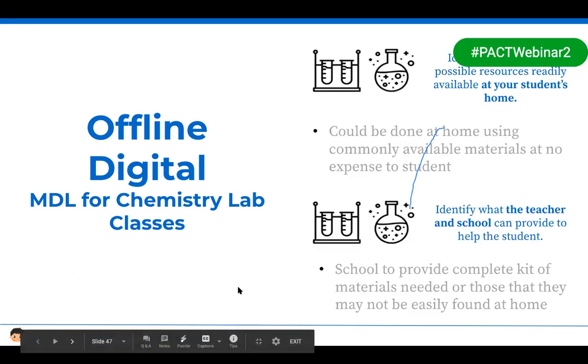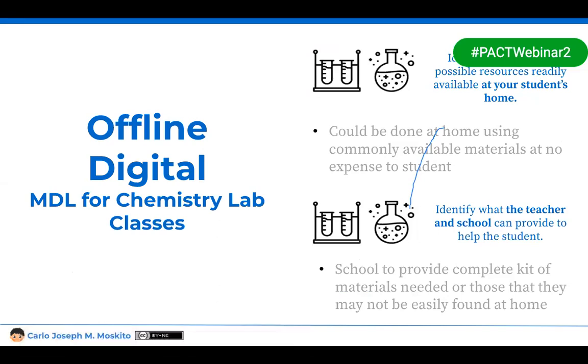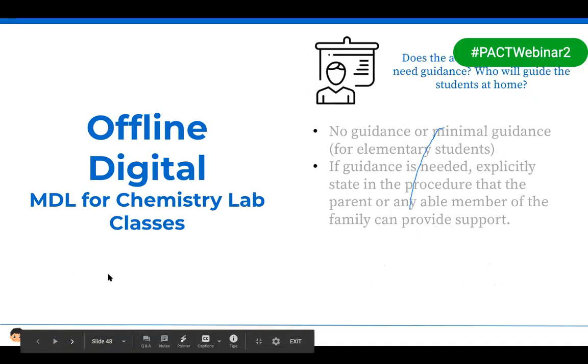Regarding the activities and resources, it's the same as the modular ones. Still you need to make sure that the resources are available to the students, and if possible the school and the teacher could provide kits to help students do the experiments that we require. Still the same with guidance.